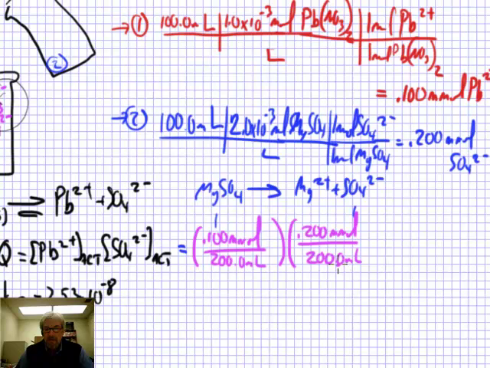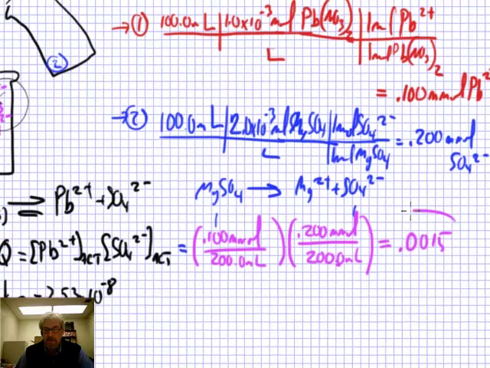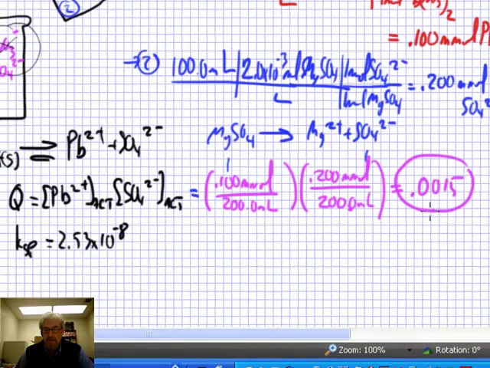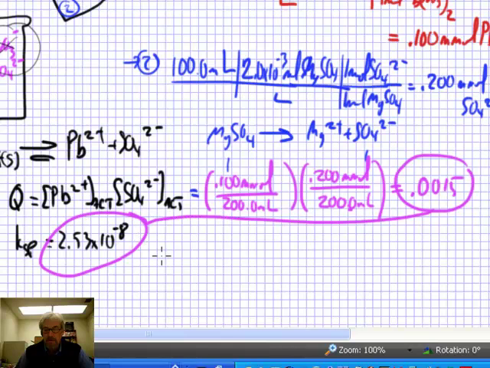Both of these are raised to the 1 power because that's the stoichiometry of lead sulfate's equilibrium. And when you work this out, you get 0.0015. Well, that's our value of Q. It is much larger than our value of KSP. So therefore, we can conclude that a precipitate will form in this reaction.